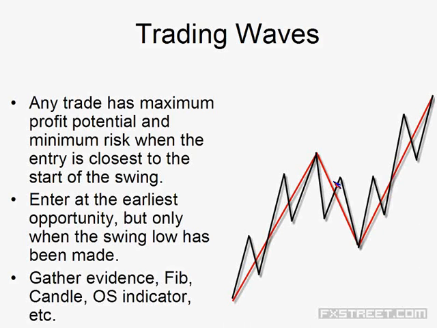Okay? So that is another little rule that can help us. So that if we see a 3-wave correction here, most likely we're going to see a 5-wave correction with wave 4.